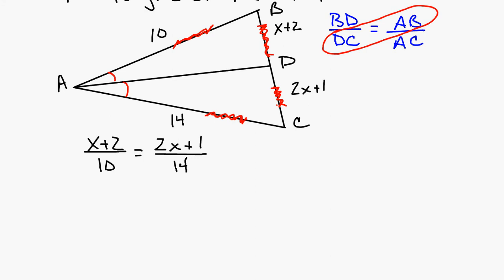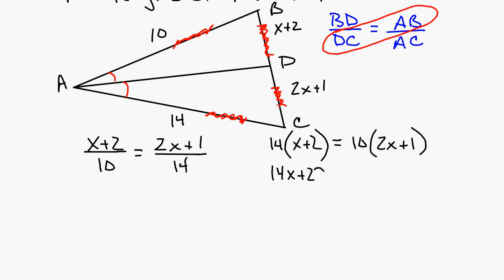When you crisscross multiply now, you're going to end up doing the distributive property, so you're going to have 14 times x plus 2, and it's going to be equal to 10 times 2x plus 1. Distribute, so 14x plus 28 is equal to 20x plus 10.